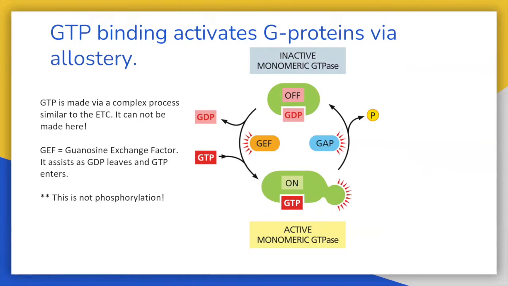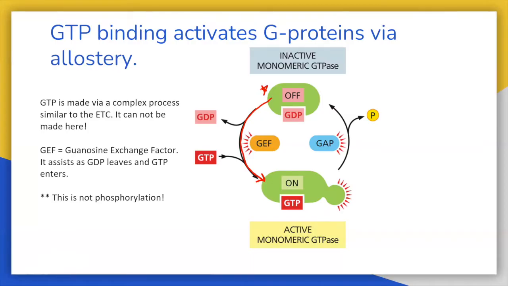So let's go around starting from the off position. The protein here is bound to GDP, that's the diphosphate version. Now remember that GTP is a high energy molecule. It is made like ATP through a series of high energy processes. And so these G proteins don't really have the ability to make GTP.